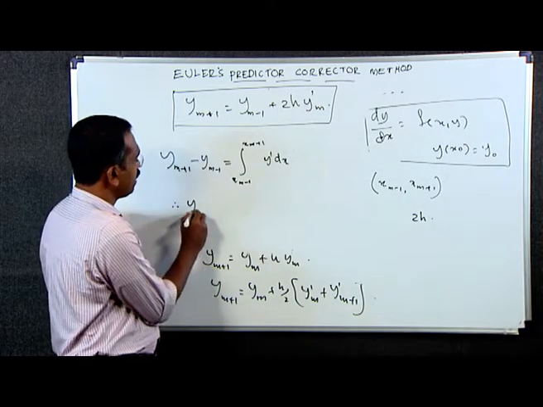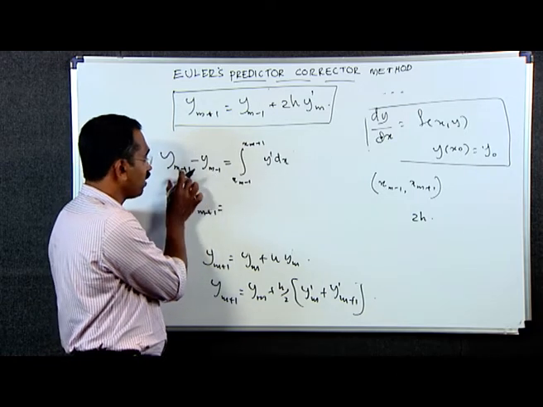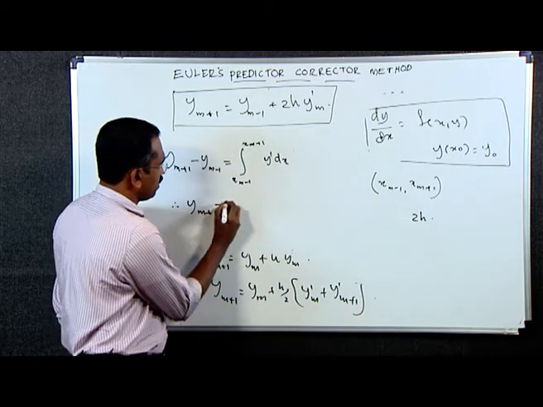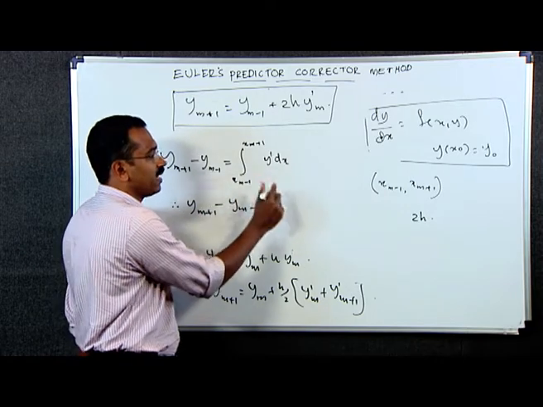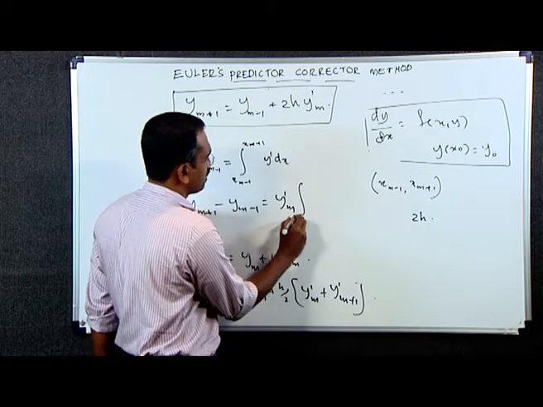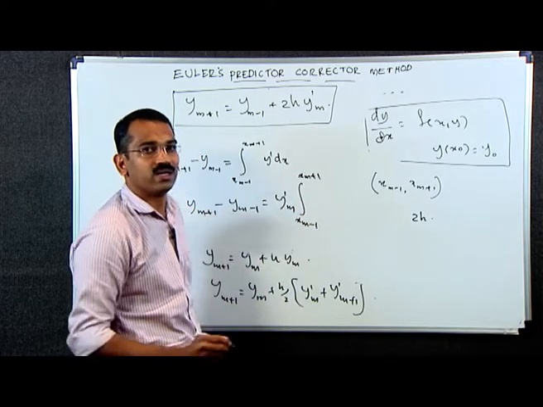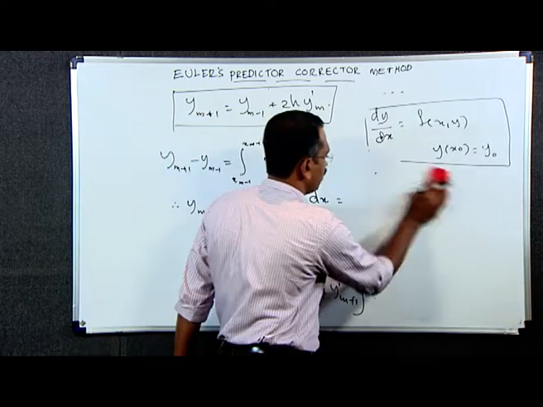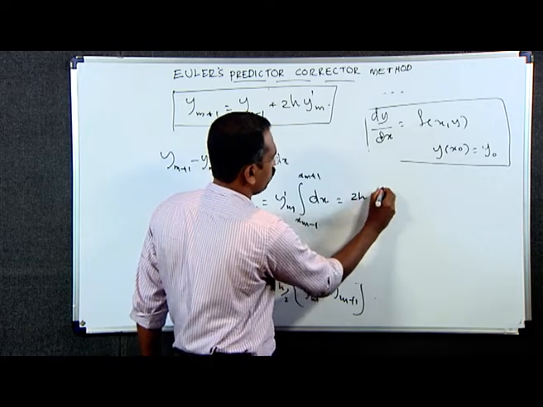Therefore, y m plus 1 minus y m minus 1 can be written as y dash m into the integral from x m minus 1 to x m plus 1 of dx, that is equal to 2h into y dash m.